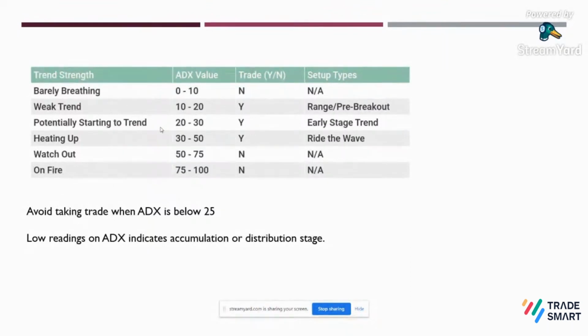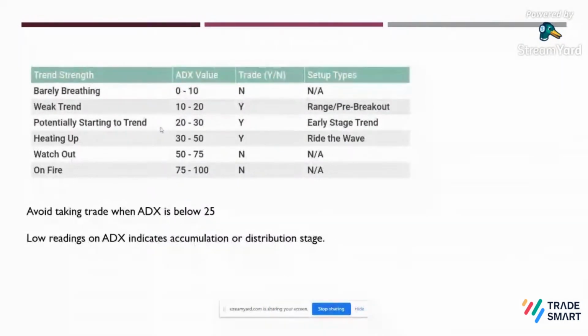Basically, ADX values help traders identify the strongest and most profitable trends to trade. These values are also important for distinguishing between when the market is trending and when the market is not trending.